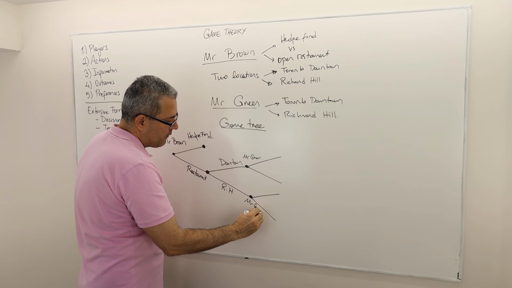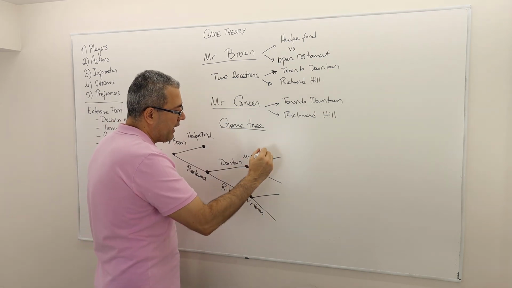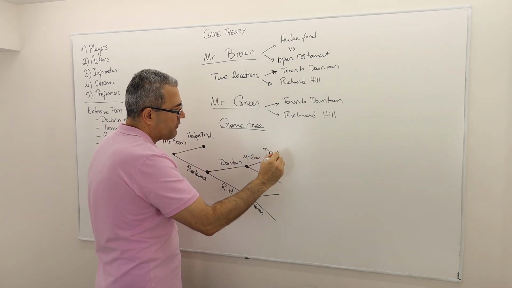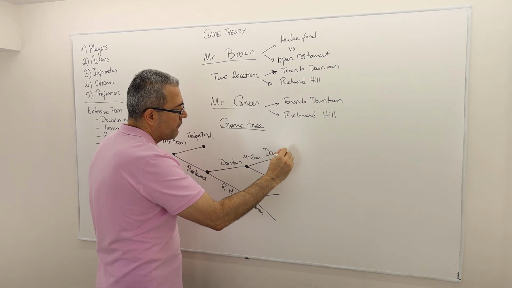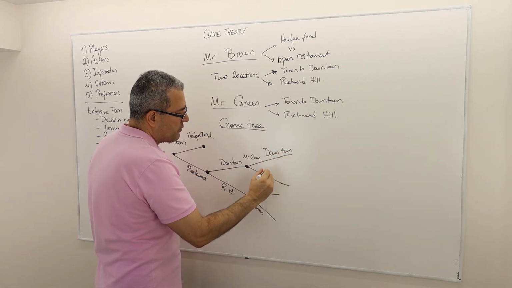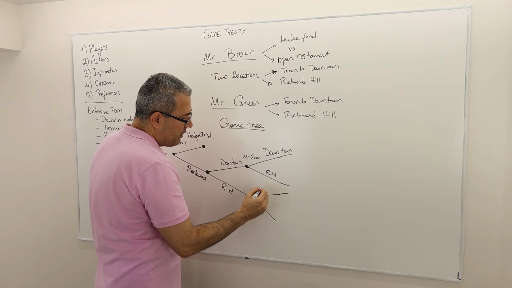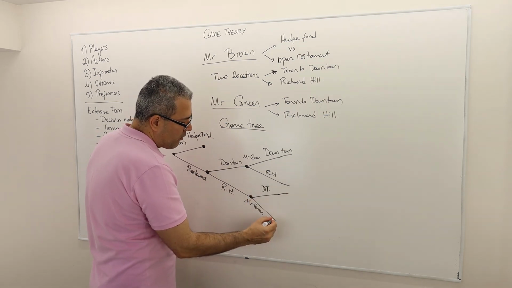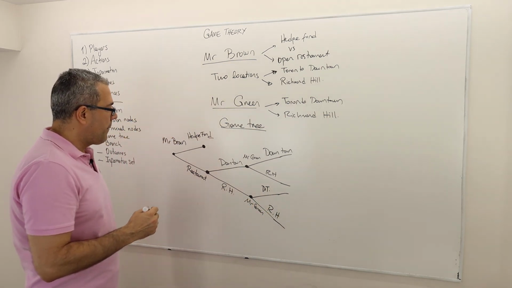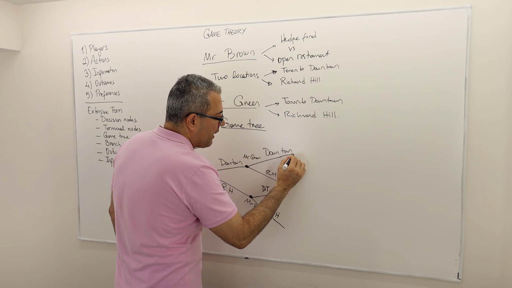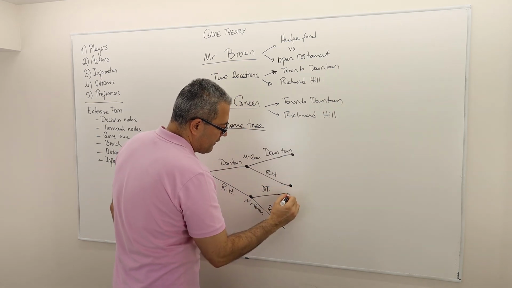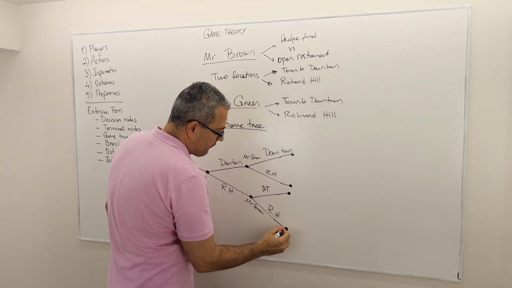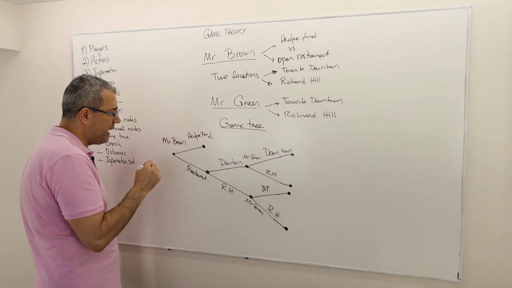So this is Mr. Green. This is also Mr. Green. Mr. Green, again, decides whether to open a restaurant in downtown or Richmond Hill, and same here. Downtown, let me just say DT, or Richmond Hill. And let me put more dots here, because again, I'm going to give specific names to those.